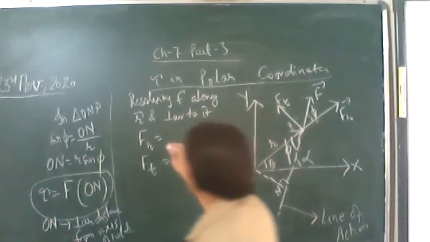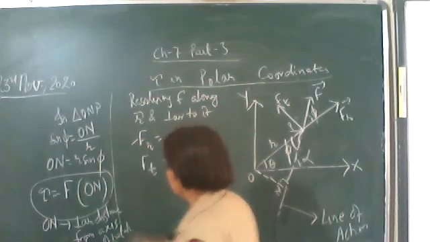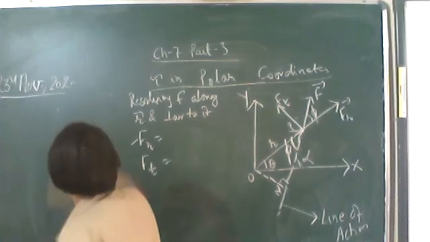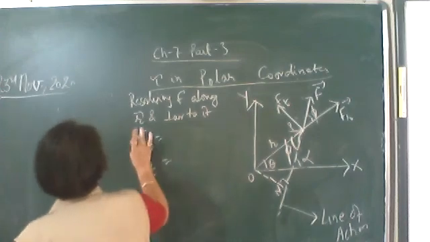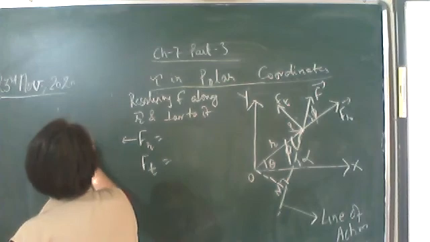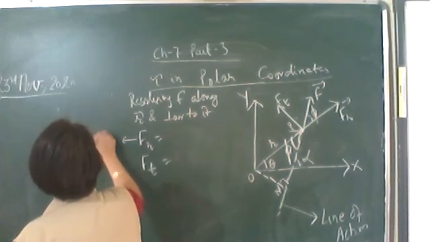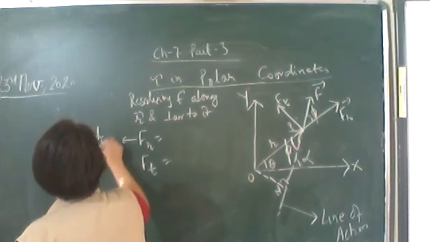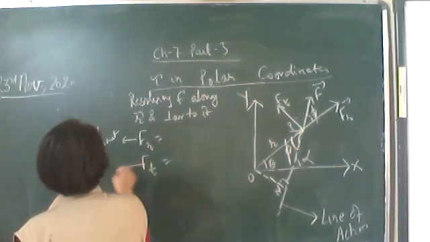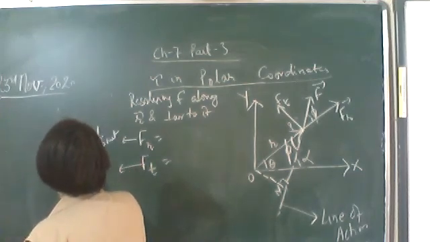Here Fr is called the radial component of force and Ft is the transverse component of force.